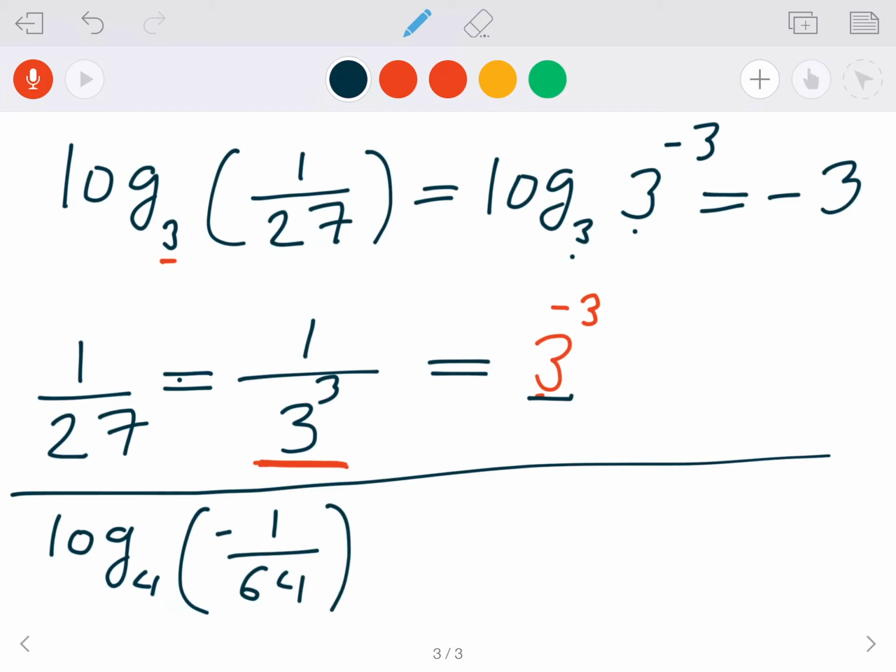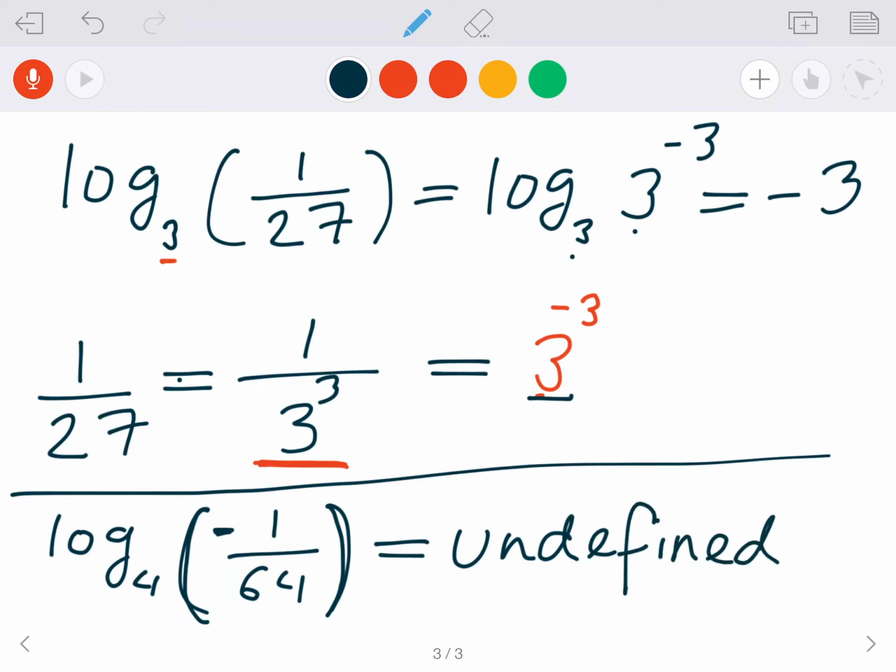Since we have the log of a negative, with this negative inside the parentheses, whenever we take the log of a negative number, this is not possible. This is always undefined. Just be careful with these kinds of things, because you can make mistakes on this easily.